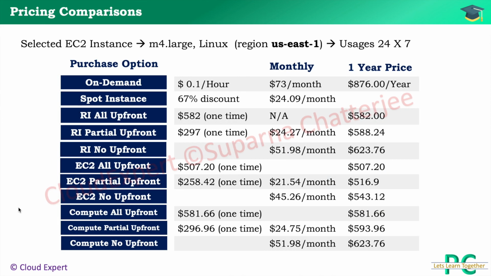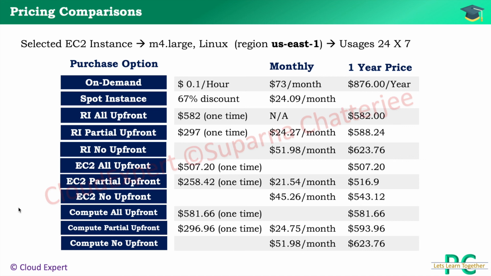Now we are going to do a pricing comparison. We have selected M4 large Linux EC2 instance in US-1 region, and we are assuming that we will run that instance 24/7 for a duration of 1 year. If I go for on demand, then the charges will be 10 cents per hour.